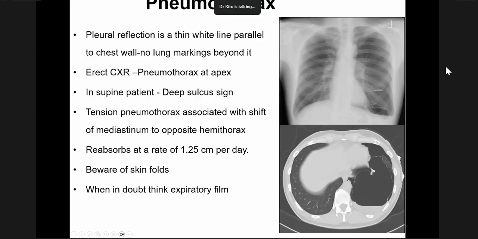Now, normal pleura is very hard to see because it is very thin, less than 5 millimeters in thickness, and so normally we should not see the pleura. The only time we see the pleura is whenever there is an abnormality directly or indirectly affecting the pleura. In this case, for example, there is air abutting the pleura, which highlights the pleural reflection, which is why you see it.